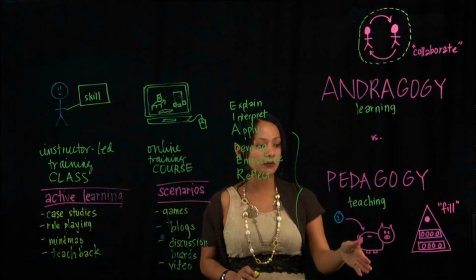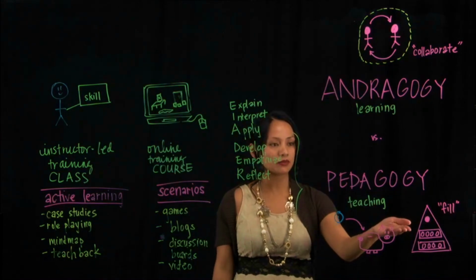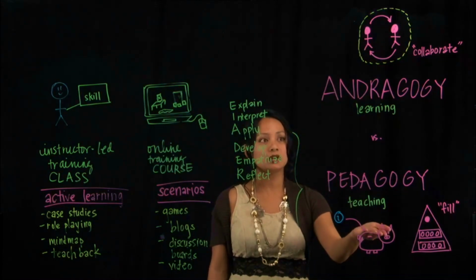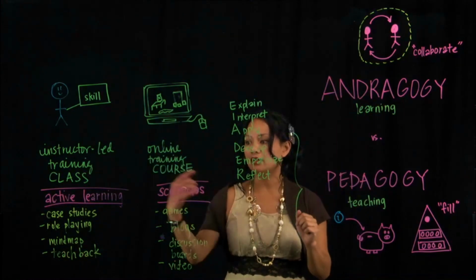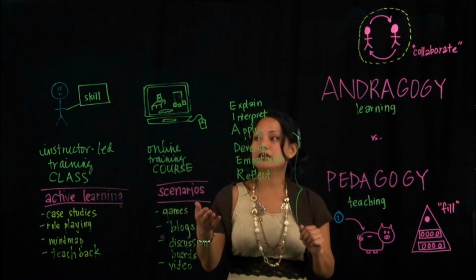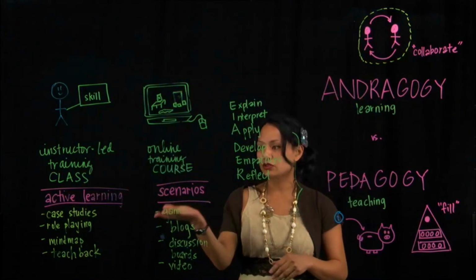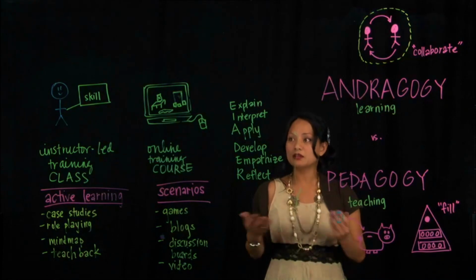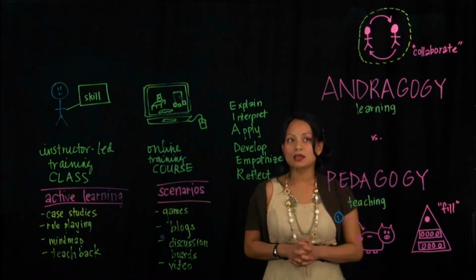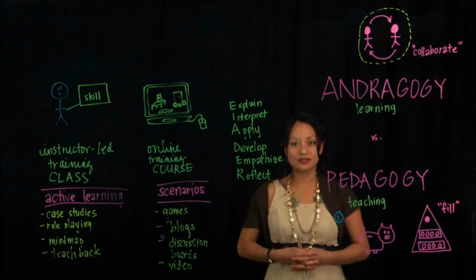So, in order to get away from filling people with information or traditional pedagogy, try to institute adult learning or andragogy by integrating active learning and scenarios in the delivery of your instructor-led training class or your online training course. So in summary, integrate adult learning principles in the implementation of your training course.